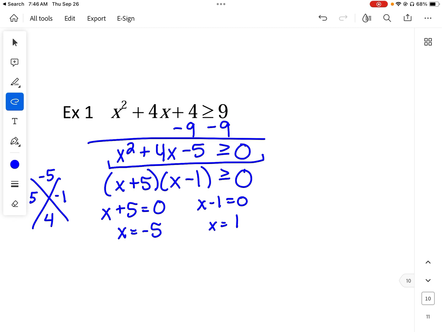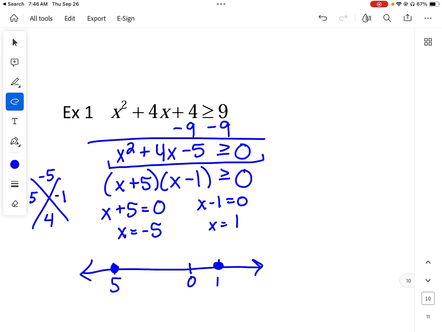Whenever we have our number line, these are going to be our key numbers. So I do want to put where 1 is, and then -5. These are closed circles on -5 and 1, and there's no domain restriction saying that x can't be those numbers.